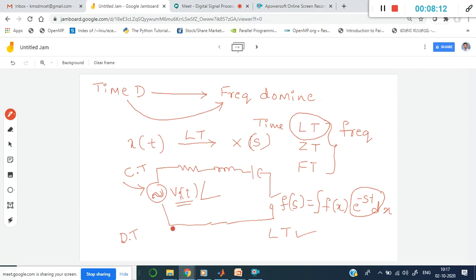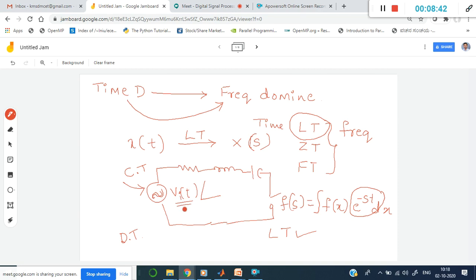While moving to the Fourier transform and Fourier series, that we have already discussed in one of the classes, based on whether the signal is periodic or non-periodic, we apply the Fourier series or the Fourier transform. I repeat once again, if the signal is a periodic signal and a continuous signal, then I apply the Fourier series.